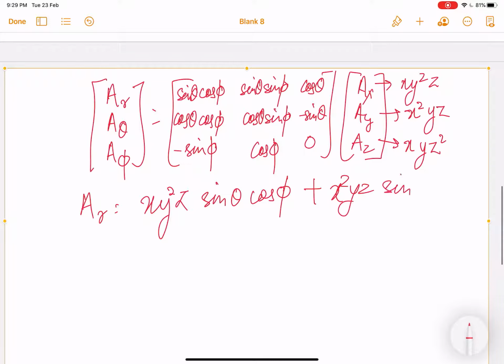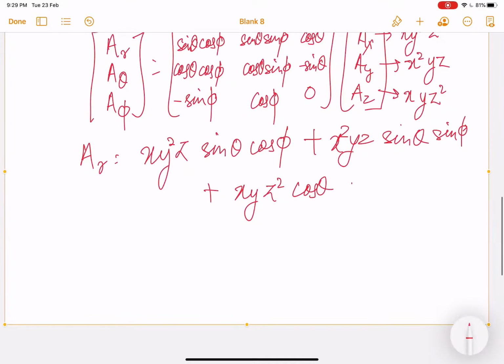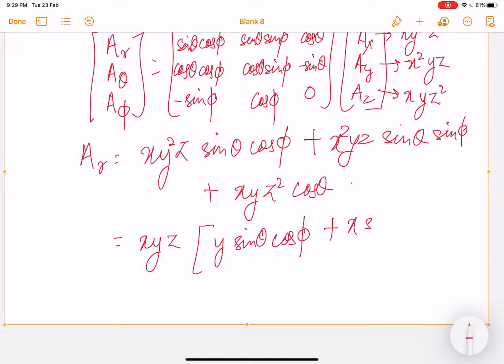This is sin theta sin phi. Then this one is xyz² cos theta. Then xyz is common for all, so I just took it common. Then sin theta cos phi plus x sin theta sin phi. I hope I've written everything correctly. Then this is z cos theta.